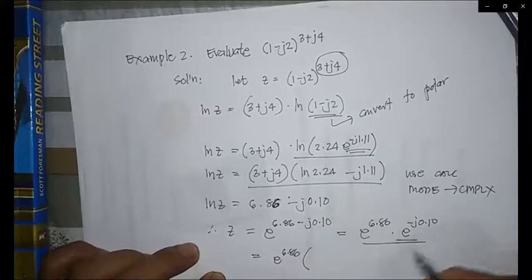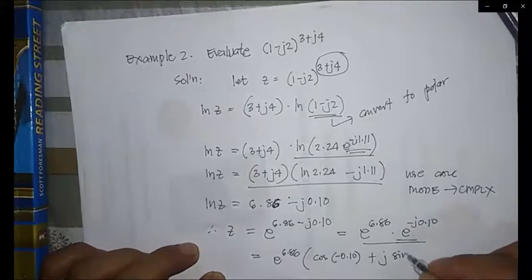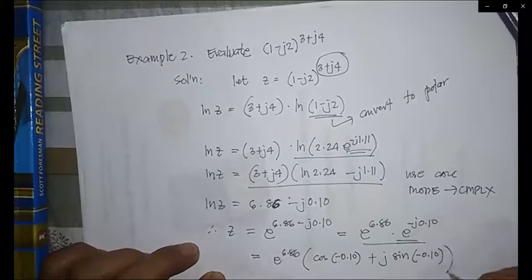This will become cosine of negative 0.10 plus j sine of negative 0.10.